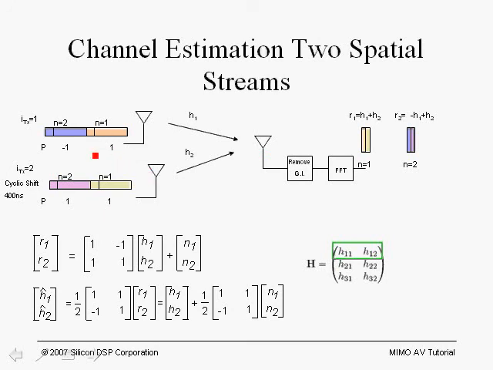Also note that the number of time slots is directly related to the number of spatial streams, and we can actually see this. For example, if you only have one spatial stream, then you only have one column in this matrix. On the other hand, if you had 4 transmit streams or 4 transmit antennas, you would need to have 4 time slots in order to be able to compute H11, H12, H13, and H14 in the case of a 4x4 system.